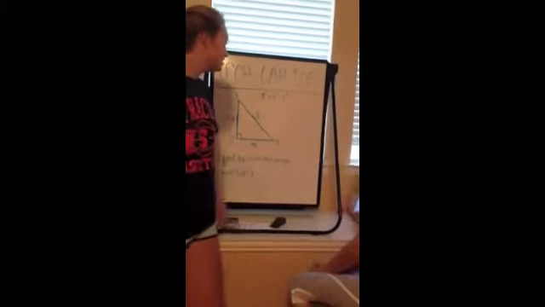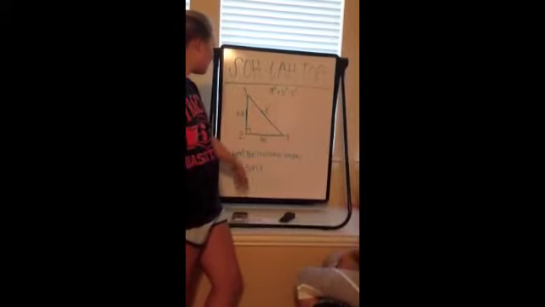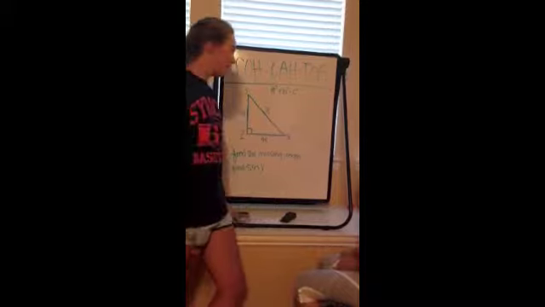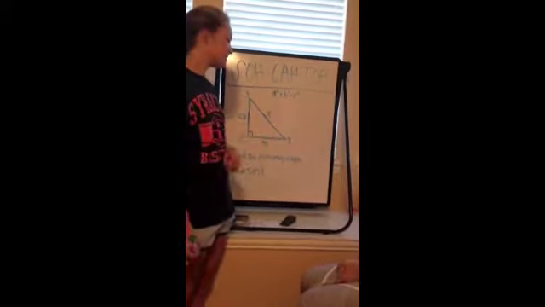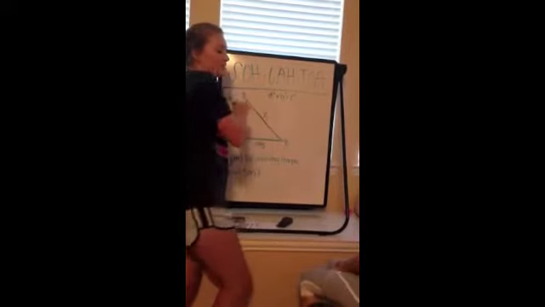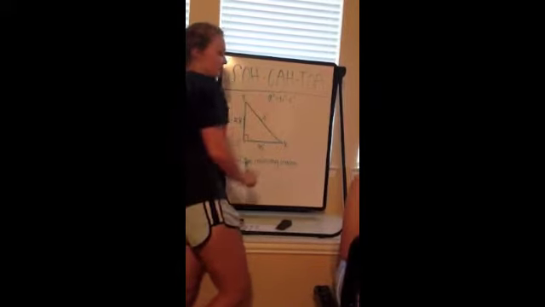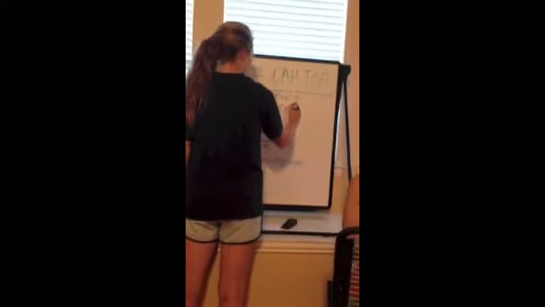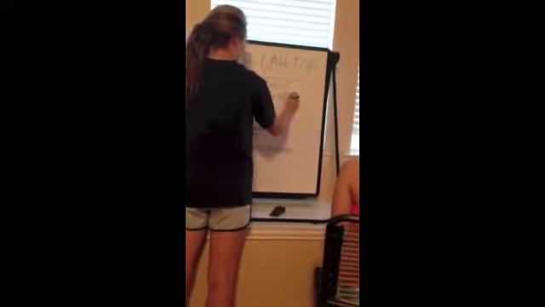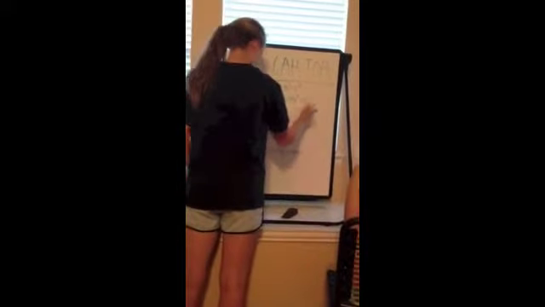You're going to have to find the missing length of x and find the sine of x. So the first thing you're going to do is use the Pythagorean theorem to find the missing length. And the Pythagorean theorem says that a squared plus b squared equals c squared. So 28 squared plus 45 squared is equal to c squared.